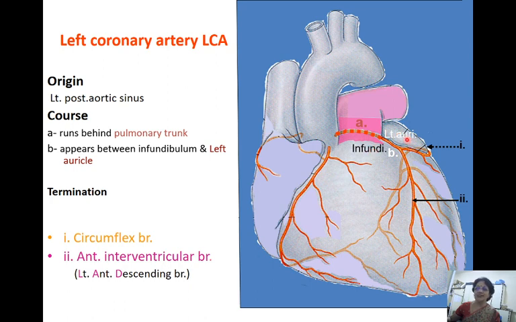Between the left auricle and the right ventricle, in that groove goes the very short course of the left coronary artery main stem. How does it end? Because it's very short, almost immediately, less than 1 inch, it divides into two: the circumflex branch and the anterior interventricular branch.